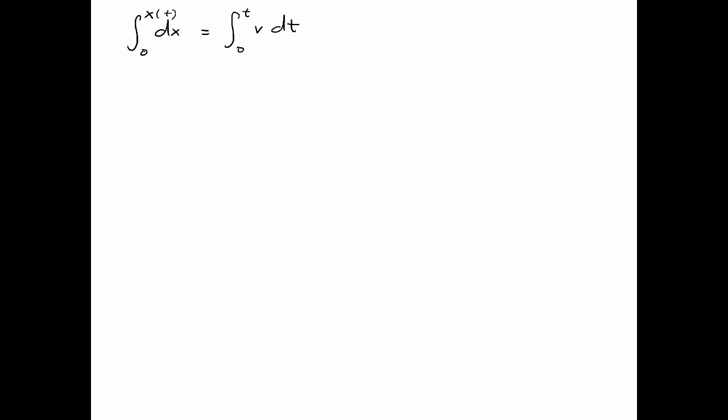And again, we set the initial position of x to be 0 just because it makes it easier. The only reason not to do that is when you're dealing with more than one object. And we're only dealing with one object right now. So, our equation for velocity came out to be this, so go ahead and work this out to find your equation for position as a function of time.